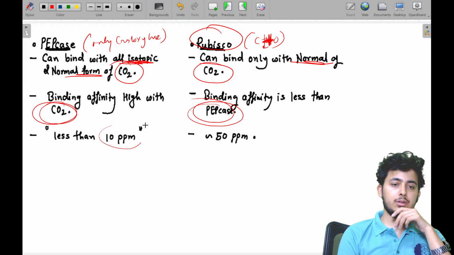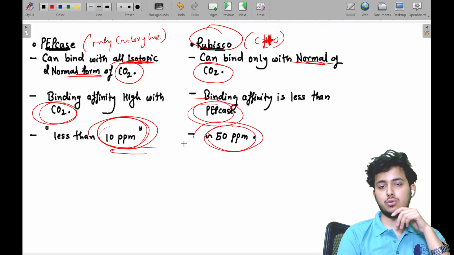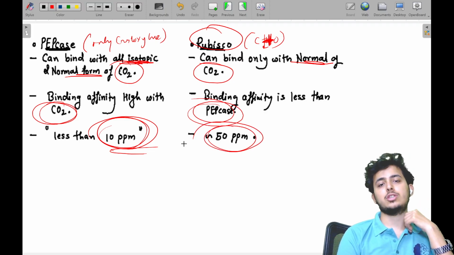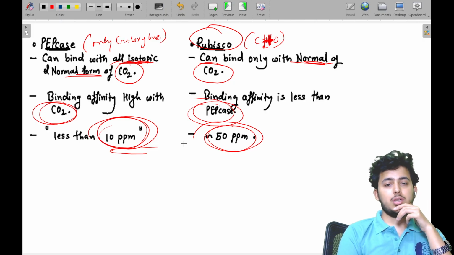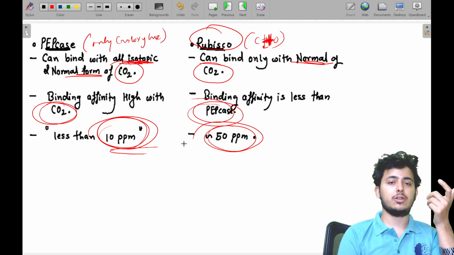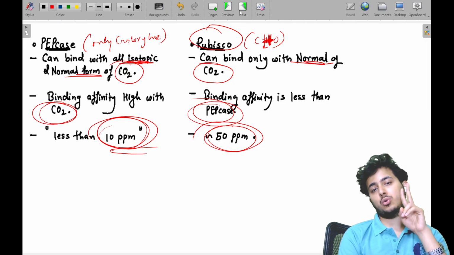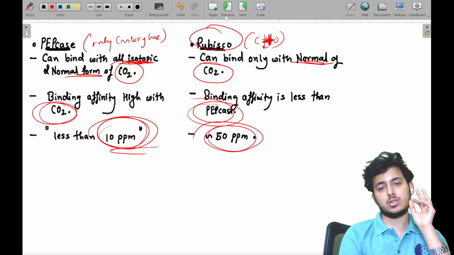So PEPcase can bind even if the CO2 concentration is less than 10 ppm, but Rubisco needs at least 50 ppm of CO2 concentration to bind to carbon dioxide. If the concentration is much lesser than 50, and if oxygen concentration is reaching 50 or higher levels, then it will bind to oxygen. So Rubisco can play in both directions. It is the most distracted molecule, the most distracted enzyme.